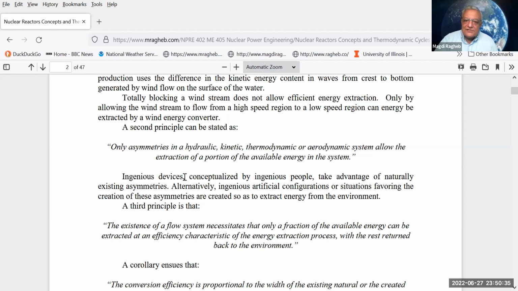So this suggests that ingenious people take advantage of naturally existing asymmetry. Alternatively, ingenious artificial configurations or situations favoring the creation of these asymmetries are created to extract energy from the environment. Wind turbines are an example. Hydroelectric plants are another example.